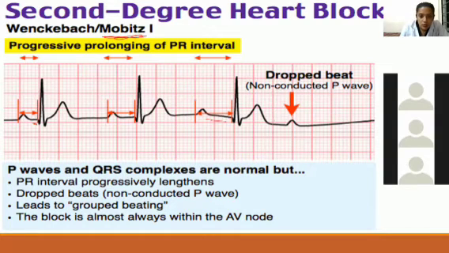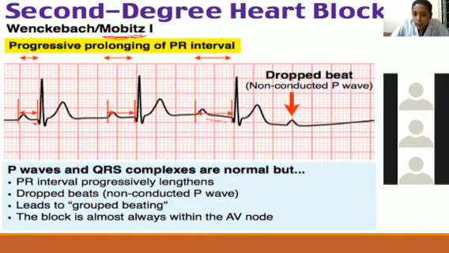Okay. So you can see that the interval will elongate. The interval is progressively lengthening with each beat. And finally, one P wave won't conduct. That means with one P wave, one QRS complex won't be there. What do you mean by that?